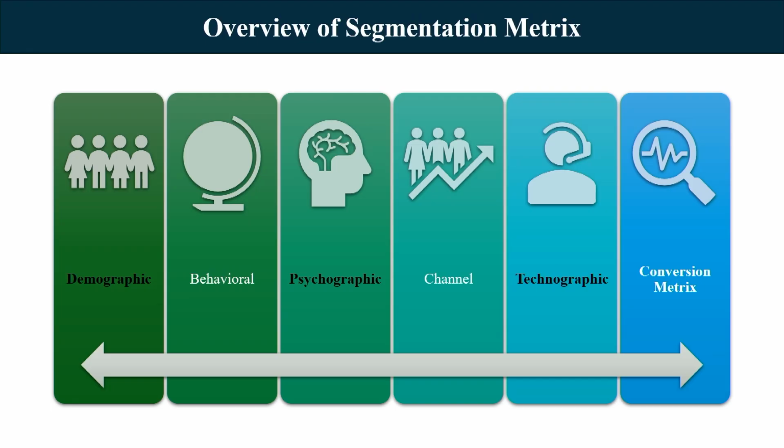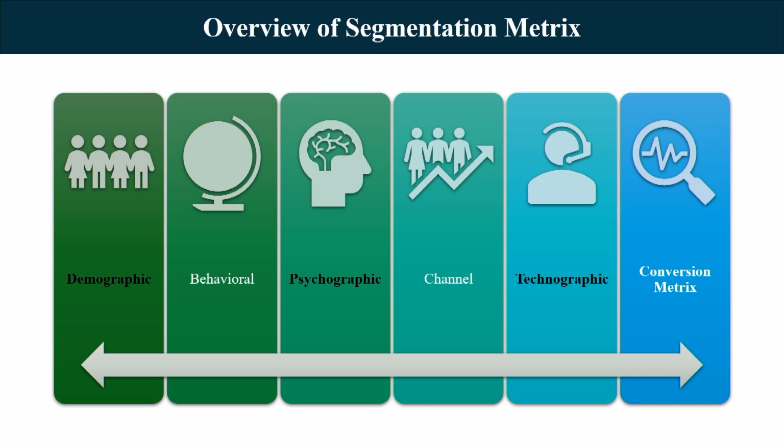Now, let us look at the various bases of customer segmentation. As we said, the customer can be segmented based on demographic, and the customers can be segmented based on behavioral. So, when we discussed the ABC framework, it was nothing but a behavioral kind of customer segmentation.